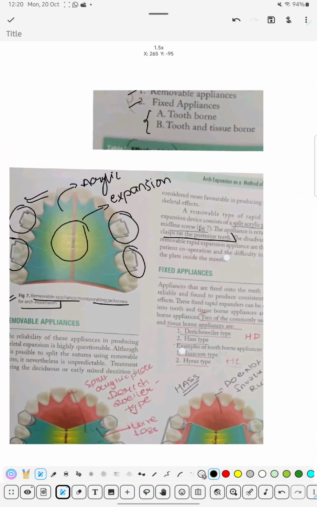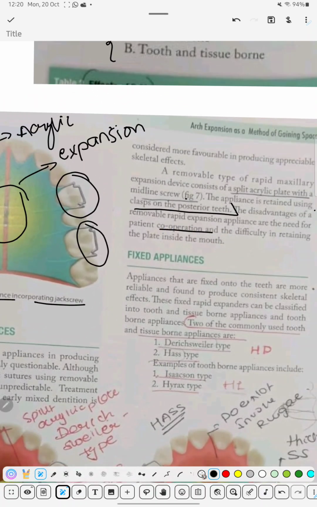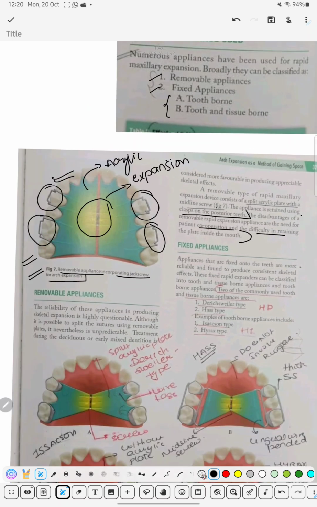So this appliance needs patient cooperation, and it is difficult to retain because the screw and the activation of the screw cause a lot of pain while it is placed in the mouth. You need a lot of patient cooperation when you use this type of appliance. Hence it is not commonly recommended.